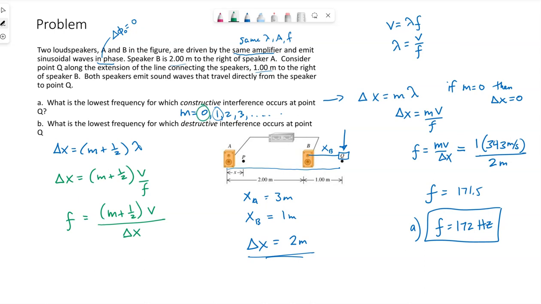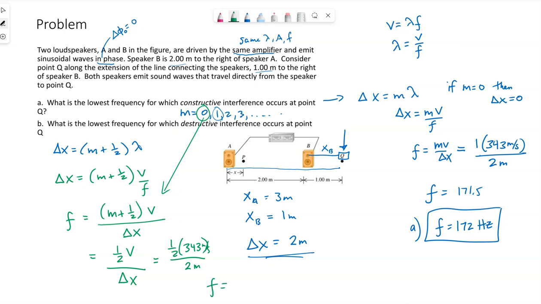This time we can use m equals 0. That is the smallest possible value for m. That does not refer to them traveling the same distance when we're talking destructive. So 1/2 our v, 343 meters per second, divided by our difference in distance.